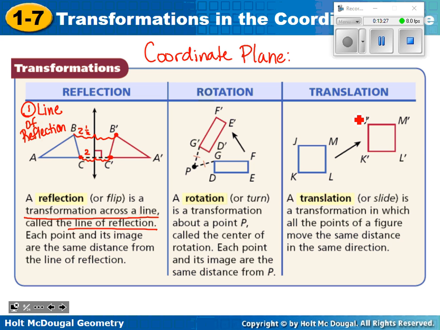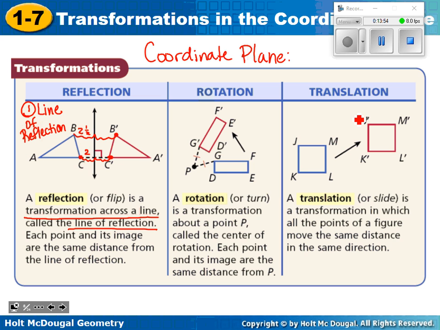Because you're going to have to tell me it's a reflection across, and then you're going to have to tell me what the line is. If it's not the x-axis or y-axis, you're going to have to give me the equation for that line. Does that make sense? Okay, so if it's horizontal, it's going to be y equals. If it's vertical, it's going to be x equals. Okay, so if it's on a coordinate plane and you notice it's a reflection, you're going to tell me it's a reflection across whatever line it is.